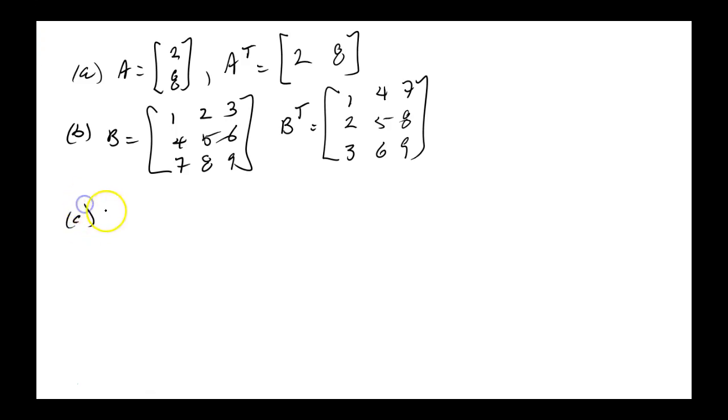C, which is 1, 2, 0, 2, 1, 0, 0, 0, 1. What would be C transpose?